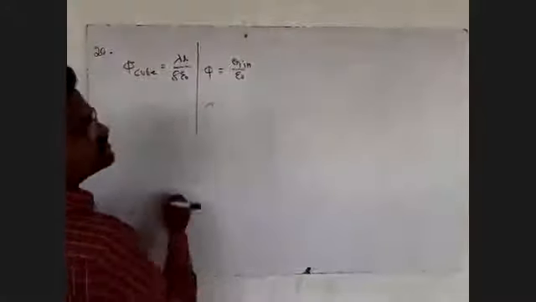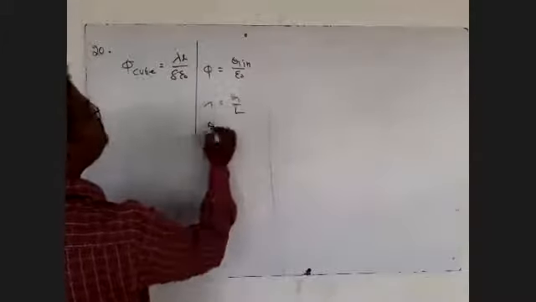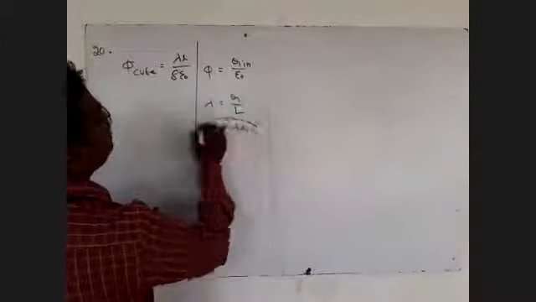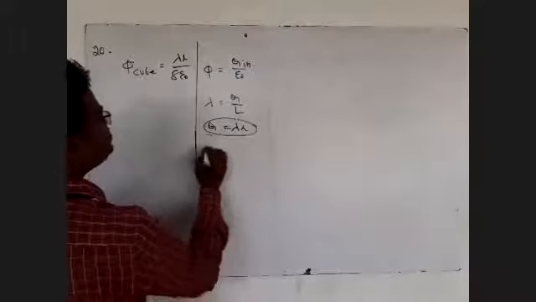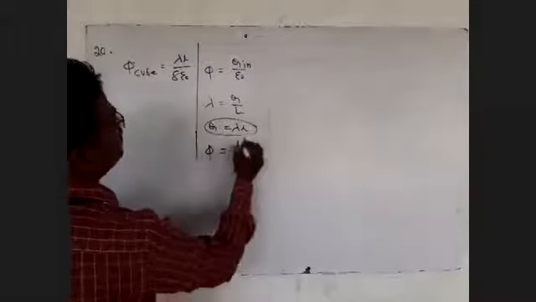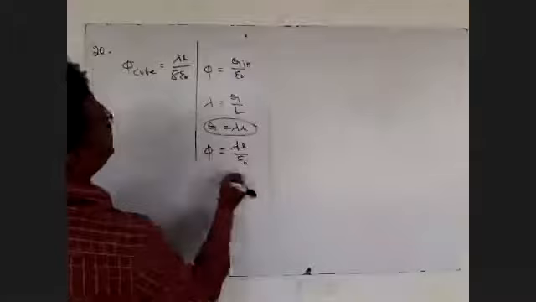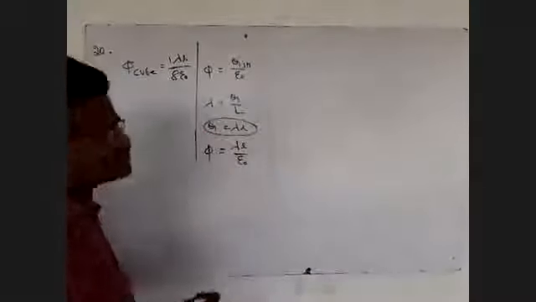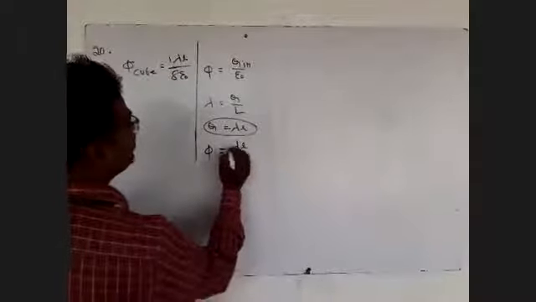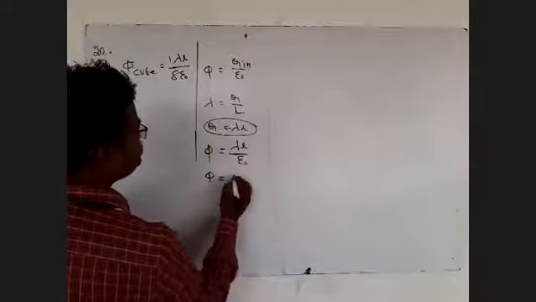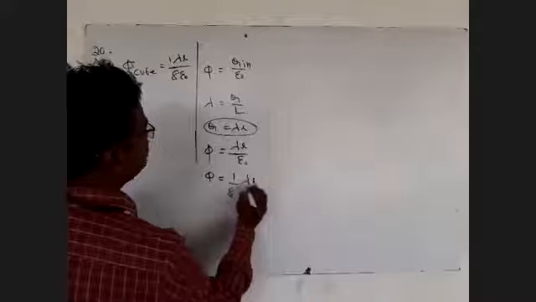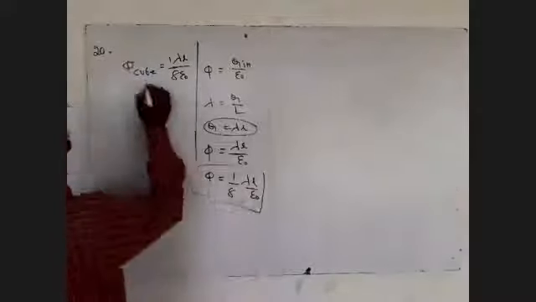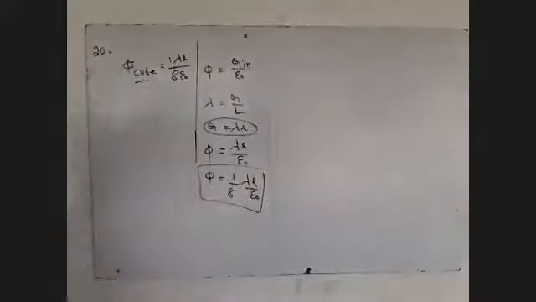Linear charge density is charge per length, so charge is equal to lambda L. So flux is equal to lambda L by epsilon naught, and we take 1 by 8 of it for the cube.